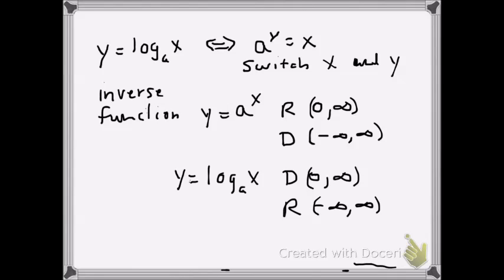Another interesting characteristic is the relationship of the asymptotes. We have a horizontal asymptote for the exponential function, and it was the x-axis, or the line y equal to 0.